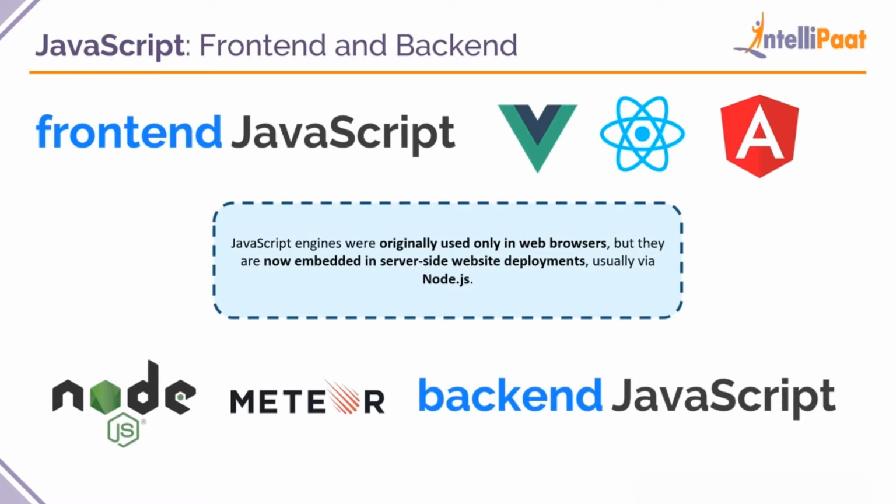So if you're wondering, do I have to learn C++ now to understand Node.js? No, that is not what it means. It just means that somebody named Ryan Dahl basically took Google Chrome's JavaScript V8 engine and embedded it inside a C++ environment, and now we call that entity Node.js.